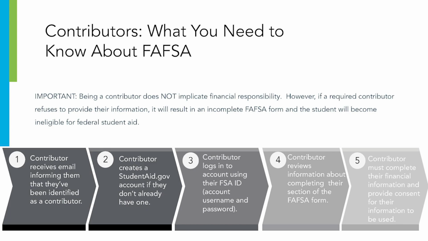The contributor creates that studentaid.gov account, the FSA ID, if they don't already have one. The contributor logs into their account using that FSA ID with their username and password. The contributor will then review the information about completing their section of the FAFSA form. The contributor then must complete their financial information and provide consent for their information to be used.